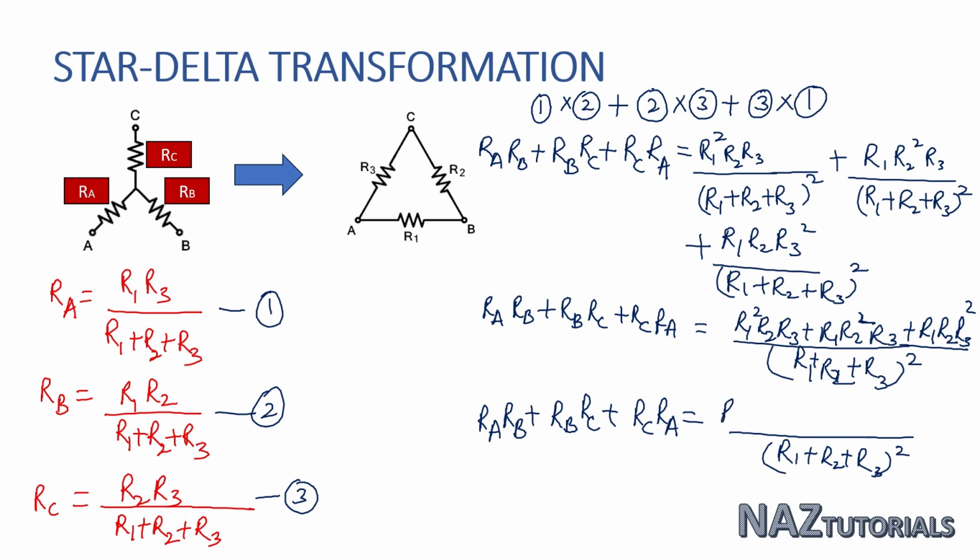You can take R1, R2 and R3 as a common quantity. Here we get R1 plus R2 plus R3. This R1 plus R2 plus R3 will be cancelled out.